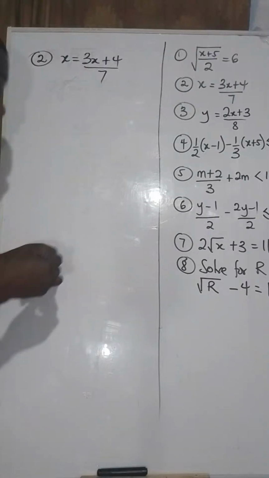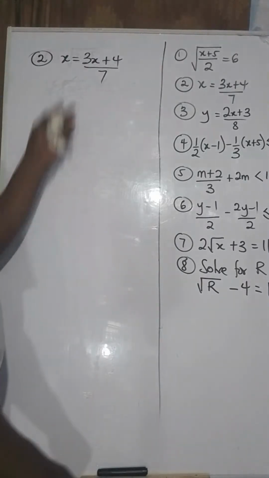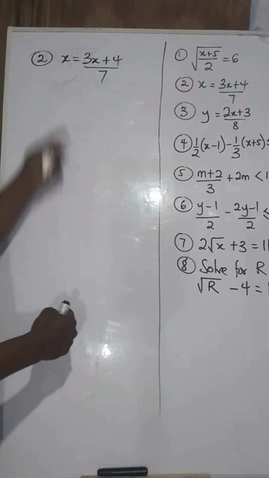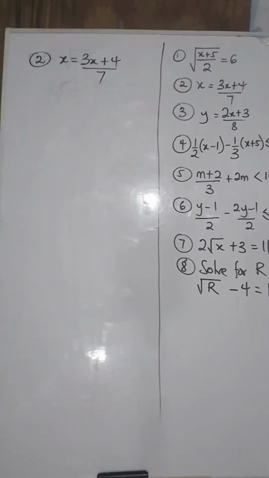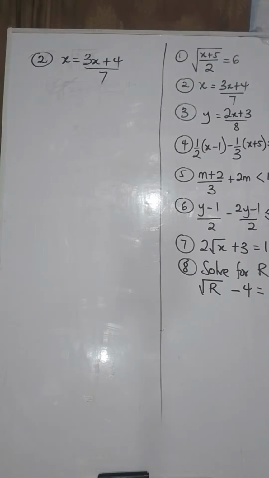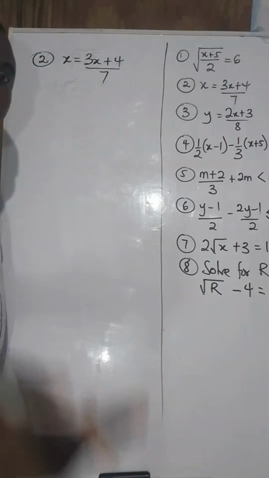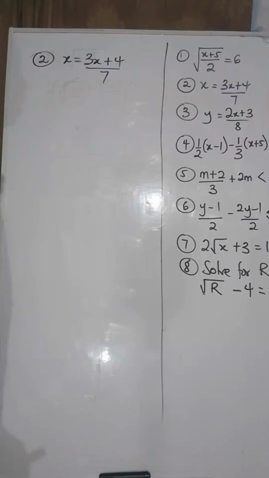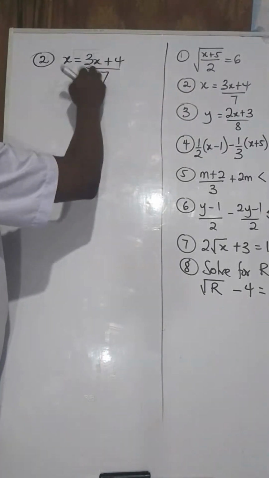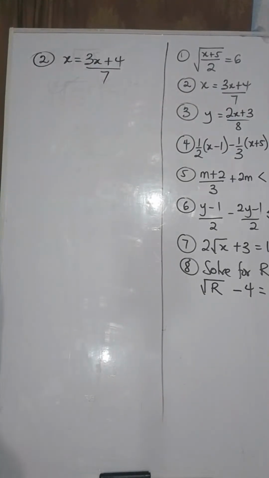If you can try this and give us your answer before we solve it in 1 minute. Right, I'm waiting for the answer. In the comment section, you can give me your answer to this particular question. It's very simple. In the comment section, you have 30 seconds.